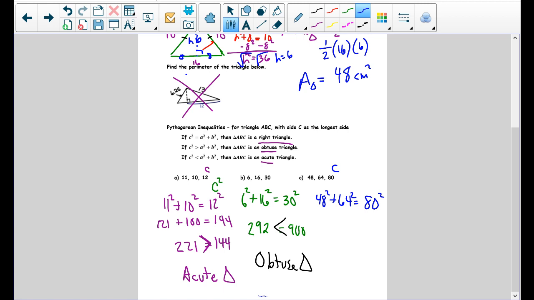So 48 squared plus 64 squared is 6,400. 80 squared is 6,400. Since they're equal, now I have a right triangle. Okay. So there's this relationship to determine if the triangle is obtuse, right, or acute.